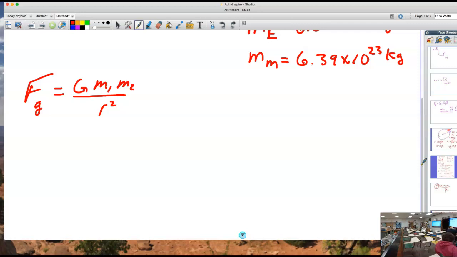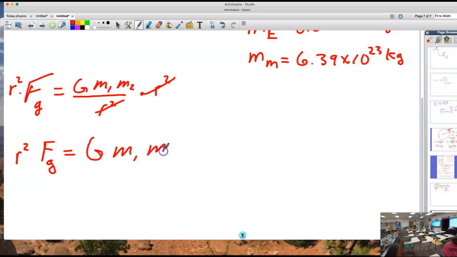Which one do you want to do first: divide by the force of gravity, or multiply by radius? Do the radius first. I like that because most people don't like fractions, so if we do that first, it gets rid of the fraction. So we have R squared times F sub g equals G M sub 1 M sub 2. Now we divide both sides by the force of gravity.